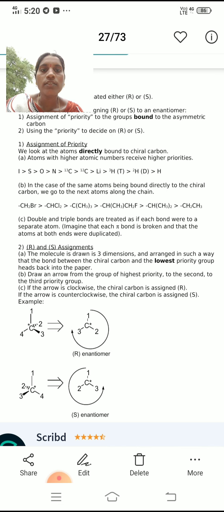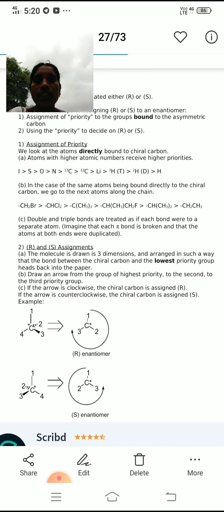For example, in the C double bond O carbonyl group, the carbon atom is considered to be bonded to two oxygen atoms. The second example is cyano, C triple bond N. Here the triple bond is there, so we consider that the carbon atom is bonded three times to nitrogen.